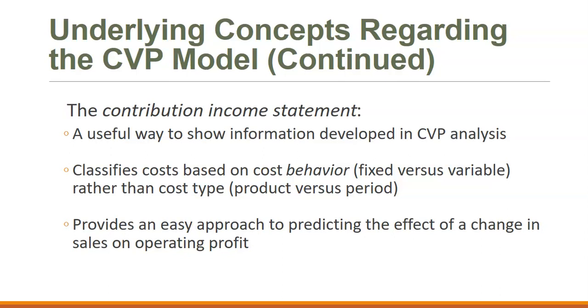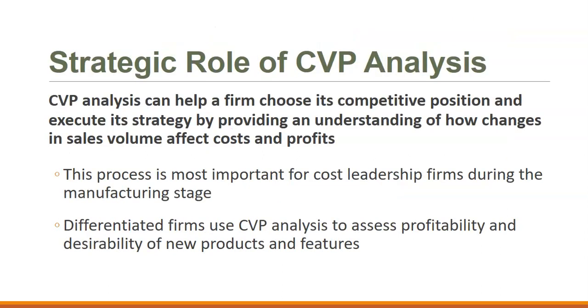This allows us to show the effect a change in sales would have on operating profit, so either increasing or decreasing the amount of sales. This helps us make strategic decisions.